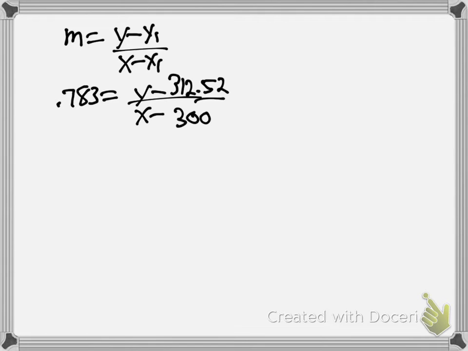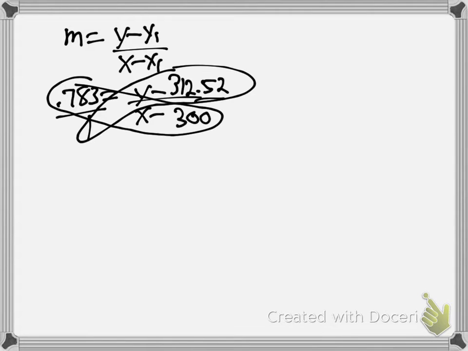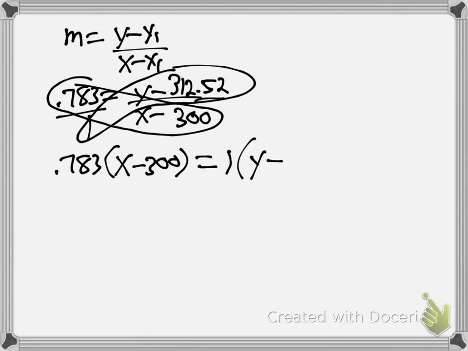Okay, so now we cross multiply, right? We're trying to solve for y. Put this over 1, diagonal, diagonal. You've seen that before? Cross multiply. So you get 0.783 times x minus 300 and 1 times y minus 312.52. We good to there?